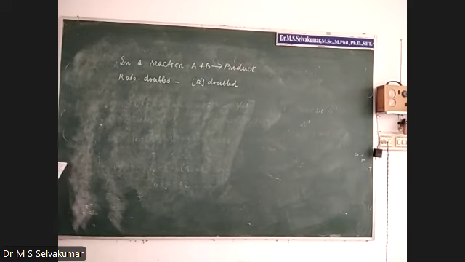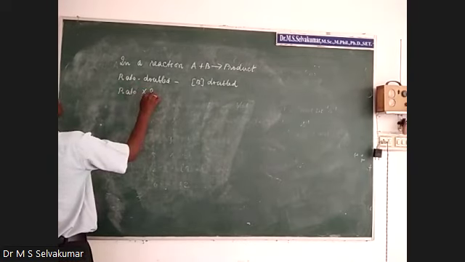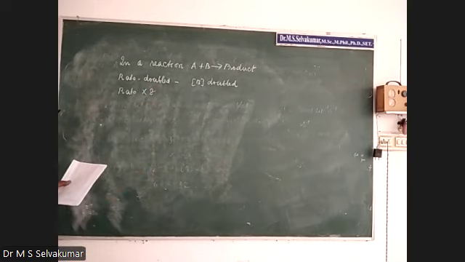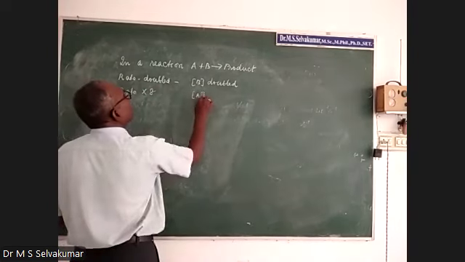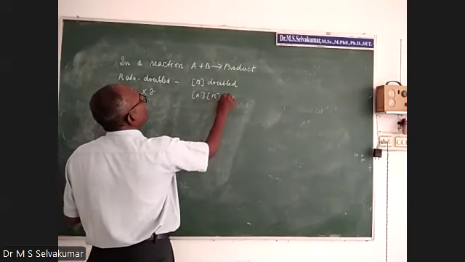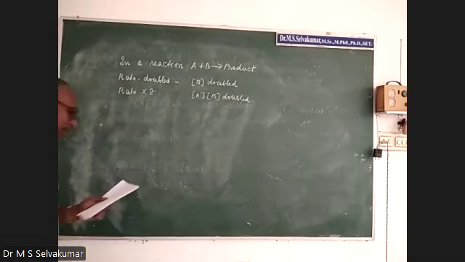And the rate increases by a factor of 8, it is 8 times faster, when the concentration of A and B are doubled. Now you find out the order.